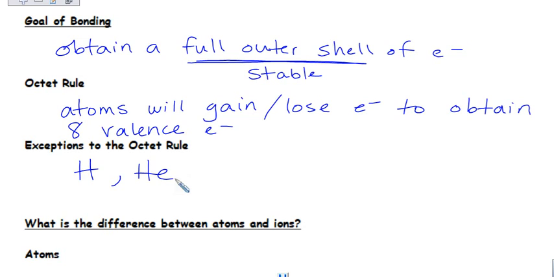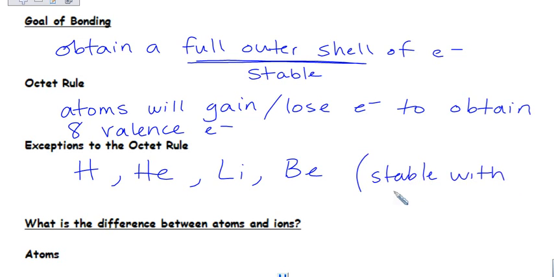Hydrogen has 1 valence, he'd like 2 to fill the first energy level. So hydrogen will try to gain 1 more. Other little atoms like maybe lithium or beryllium might fall into this category as well, where if they lose a few electrons, they might just fill the first energy level, which would be stable with only 2. So these guys are stable with only 2 valence electrons.